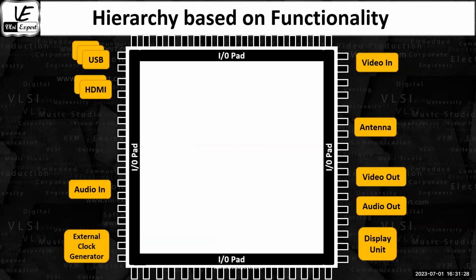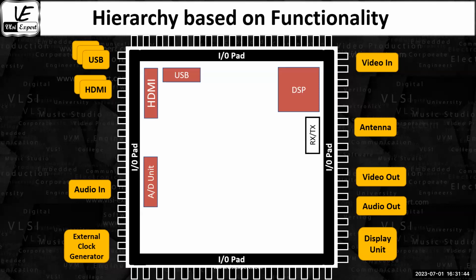This is in terms of the hierarchy from a functionality point of view. You can divide into different hierarchies by functionality. One portion is going to be for HDMI, USB. Another portion is the transmitter or the receiver. One is the DSP, A to D. So in terms of functionality, I divide and create a hierarchy.